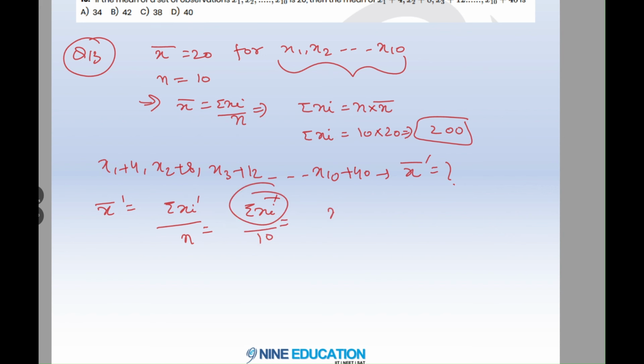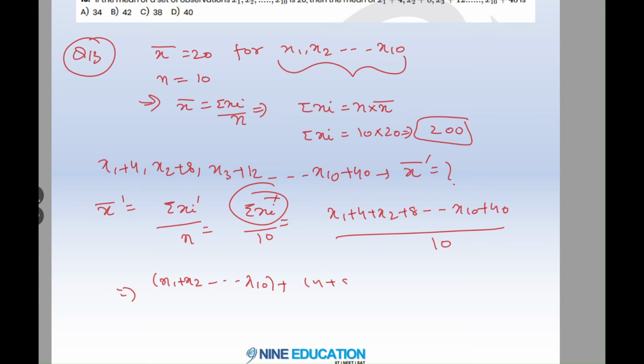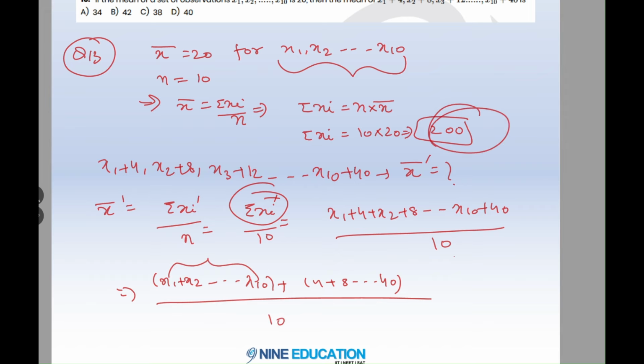Now the new observations sum up to x1 plus 4 plus x2 plus 8, so on up to x10 plus 40. This divided by 10 is equal to x1 plus x2, so on up to x10, and put 4 plus 8, so on up to 40 in one bracket, divided by 10. This is 200 from the previous mean. 200 plus.